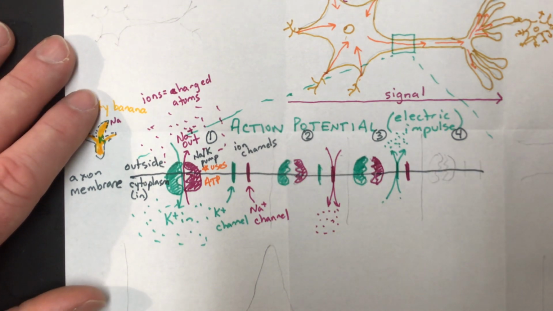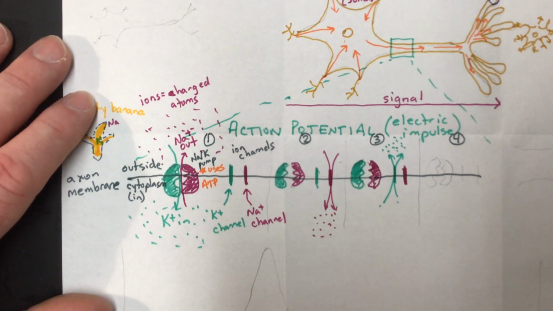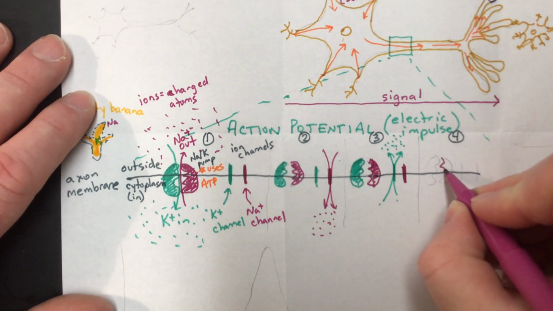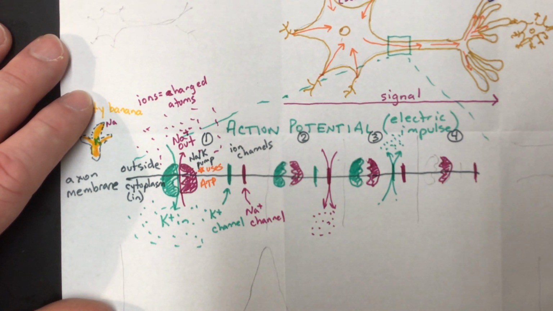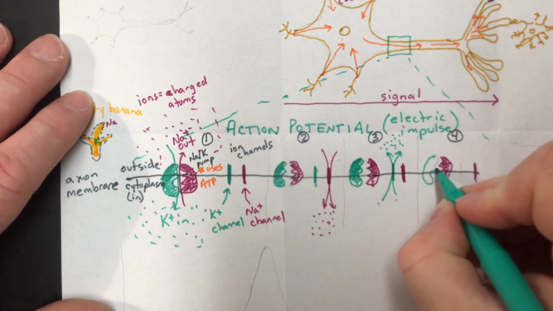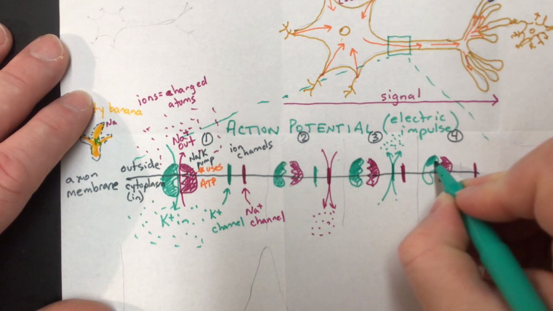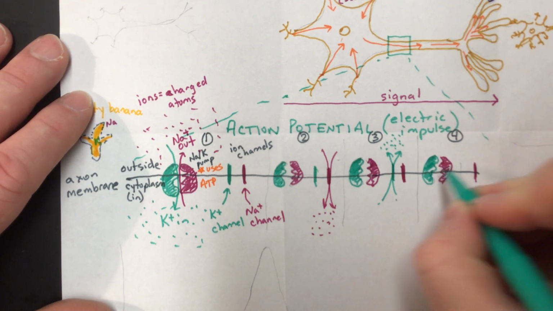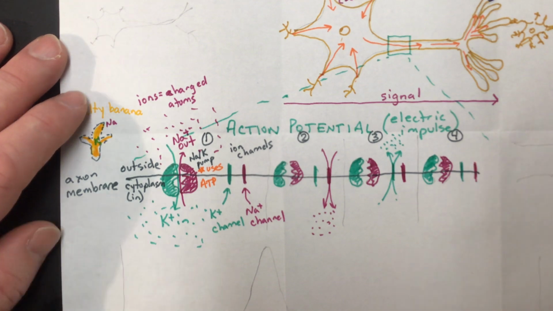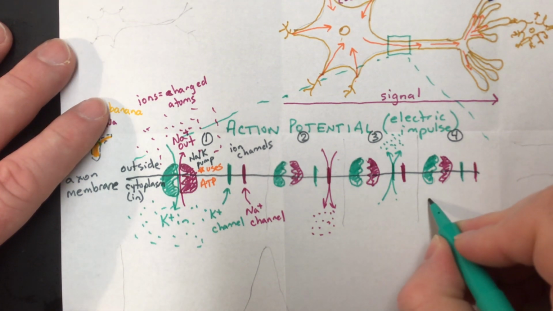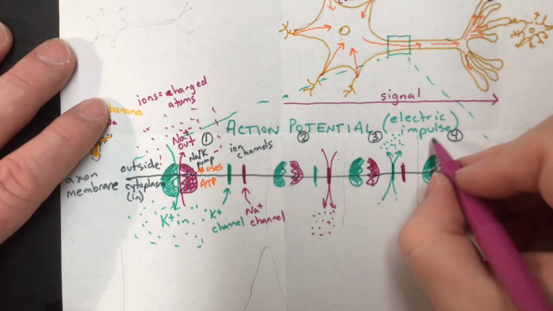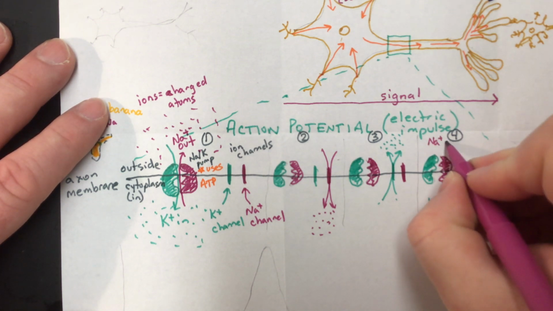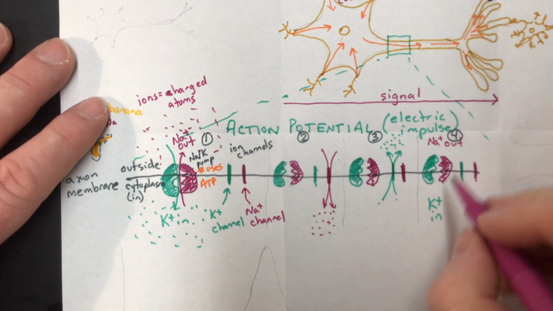And then step 4, those ion channels calm down. And it's back to work for the sodium-potassium pump. So now we're back to potassium being pumped in and sodium being pumped out.